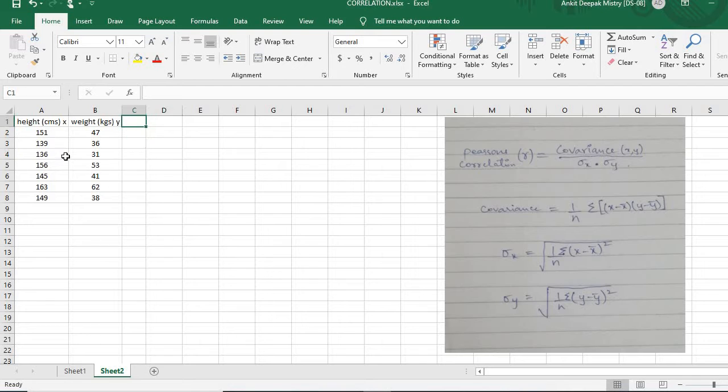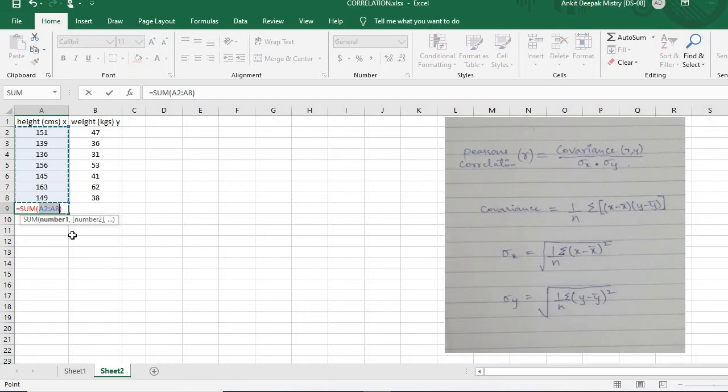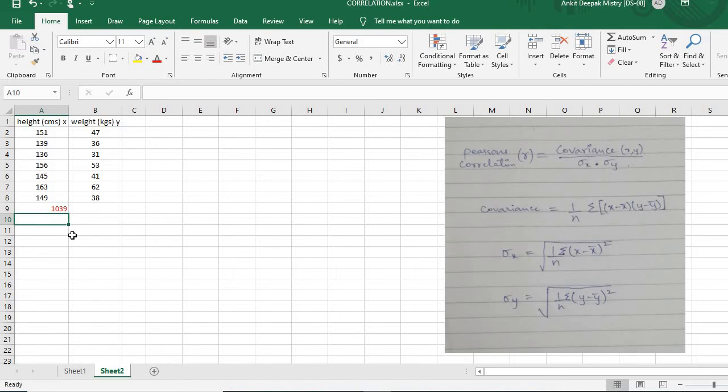So let's start the mathematical calculation. First we need the sum of all x values, and that can be done by just Alt N plus. Alt N plus is the shortcut to do summation. So this is the sum of all x values, and this is the sum of all y values. But we are to find the mean of it.